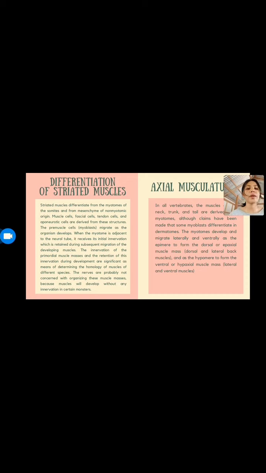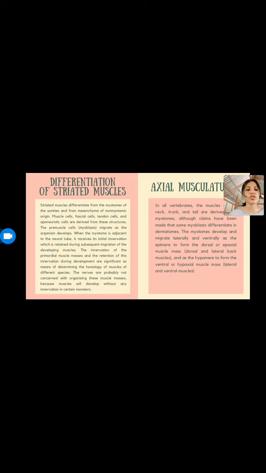The pre-muscle cells, or the myoblasts, migrate as the organism develops. When the myotome is adjacent to the neural tube, it receives its initial innervation, which is retained during the subsequent migration of the developing muscles.